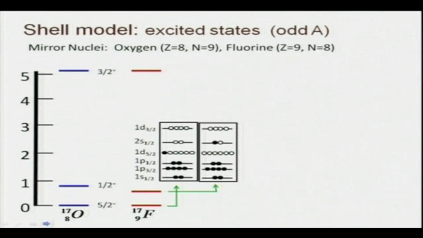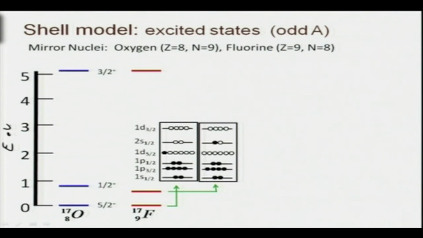Is that what you have, or is there nothing in between this first excited state and the excited state at 5 electron volt? The y axis, the perpendicular axis, is the excitation energy, E in electron volt.